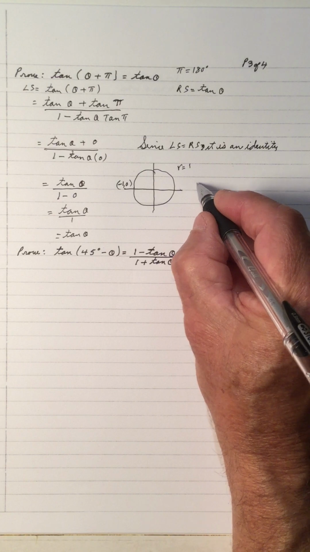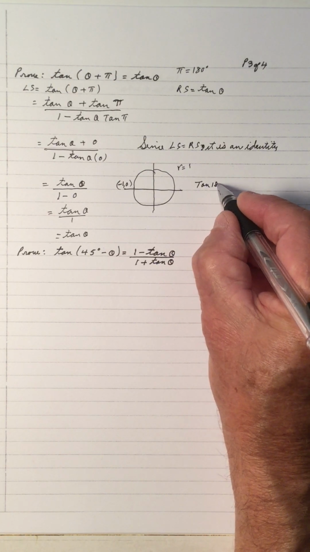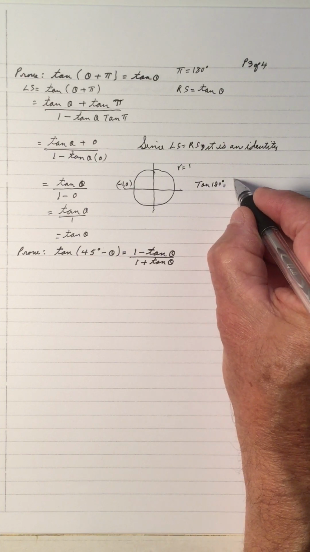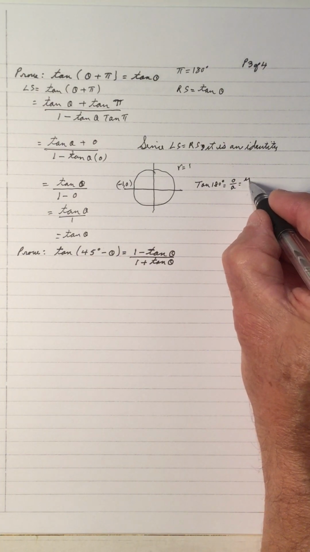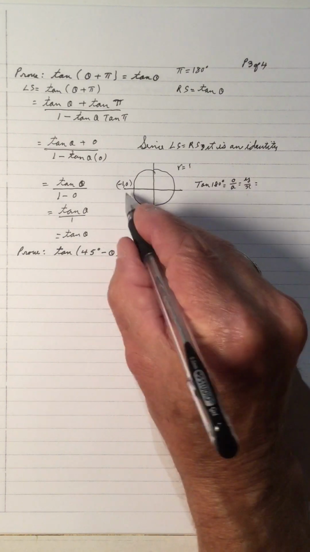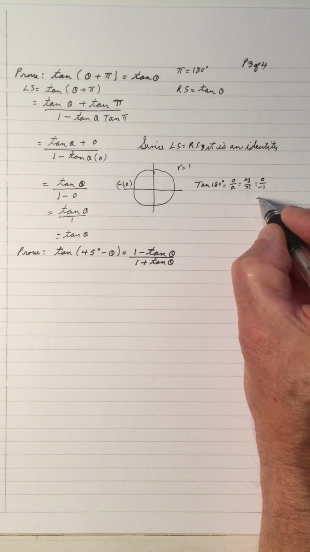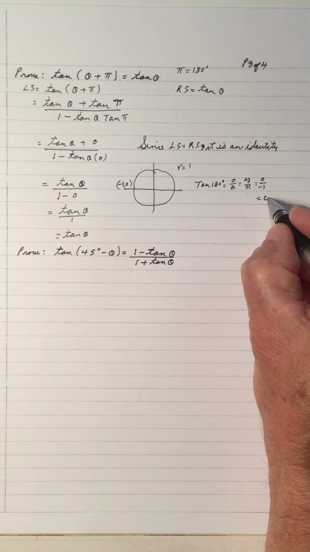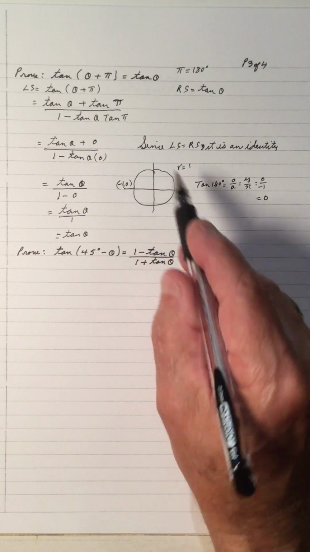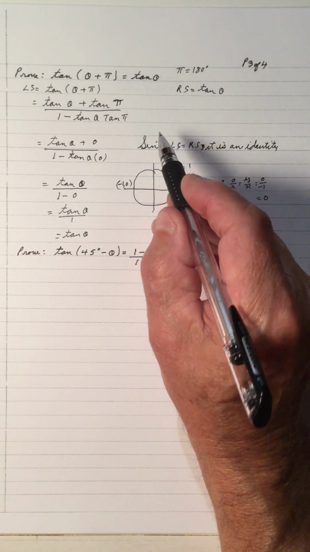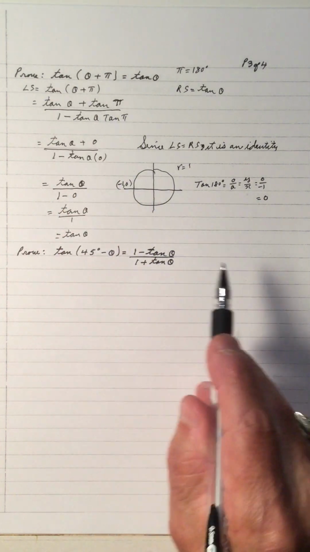And the tan of pi, which is 180: tan is opposite over adjacent, but tan is also the y over the x. So the y is 0, and the x is negative 1, so the tan of 180 is 0. That's not using a calculator, we're just explaining it out according to understanding what trig is about. Again, the tan of 180 is 0.